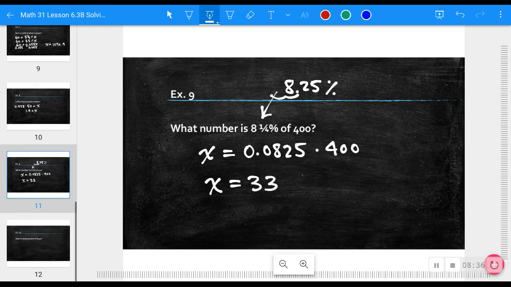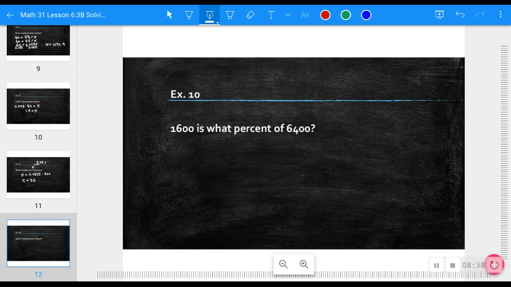Okay, one more example here. Example 10. 1600 is what percent, remember to use a p for percent instead of an x, times 6400. The reason for that is it'll remind you at the end that you have to convert to percent format. Okay, divide by 6400 here on both sides.